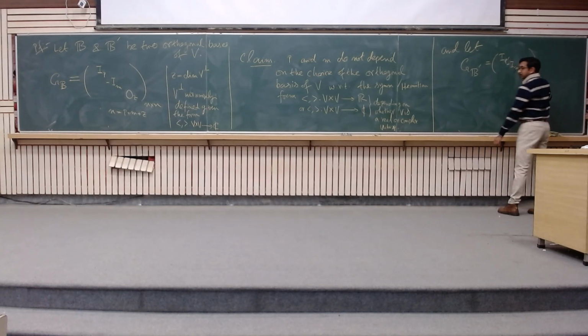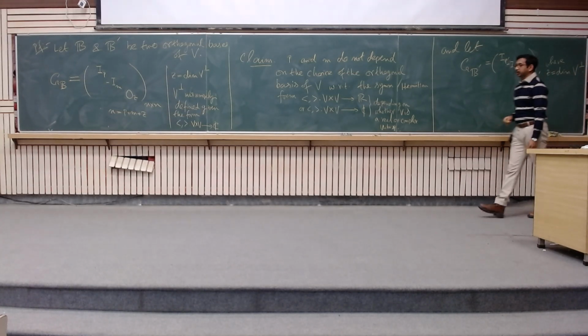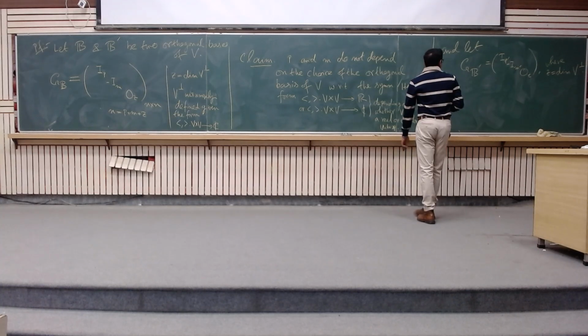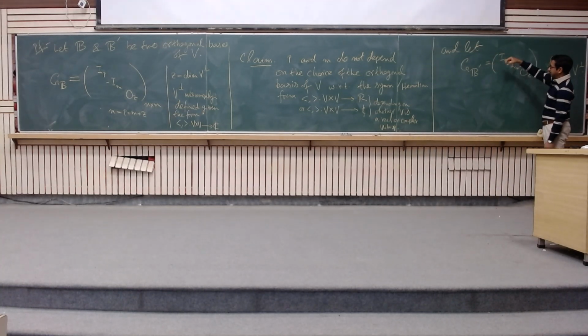At least we know that Z is fixed, where Z is equal to the dimension of V perp. The claim is to show that P is equal to P dash and hence M is equal to M dash.